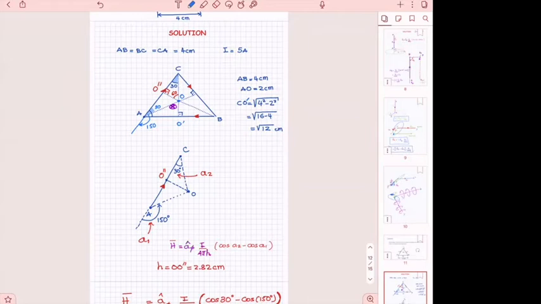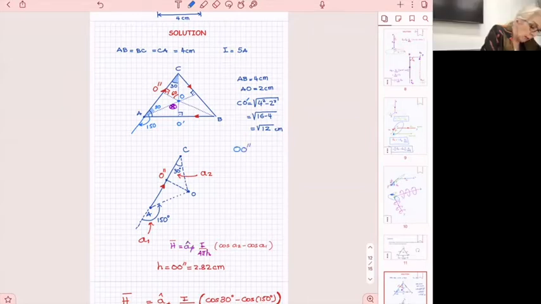So you find O double prime, then it becomes O double prime C, and then the division. So the tangent is going to be O double prime divided by O double prime C, which is tangent of 30.